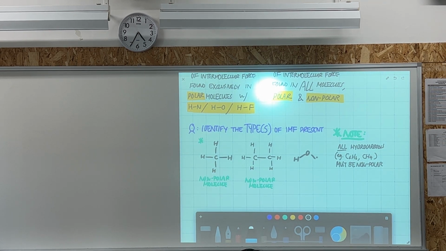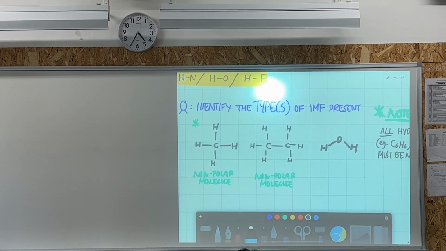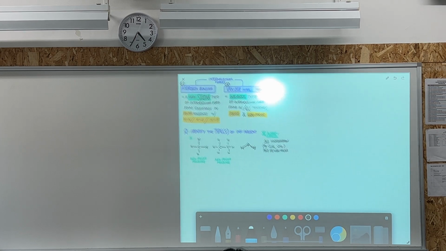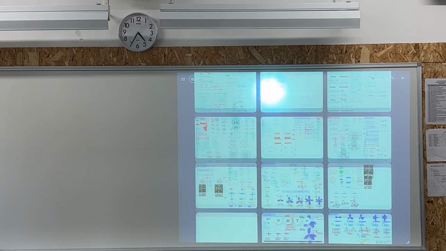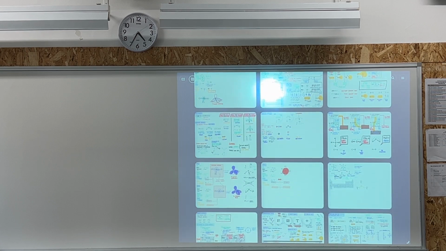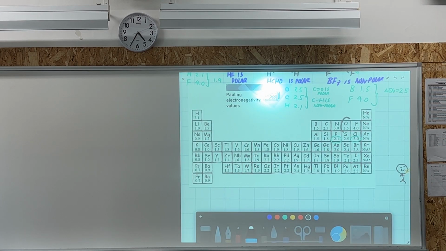This is H2O. Is H2O a polar or non-polar molecule? Polar. How do we know it's polar? Because when we compute the electronegativity difference between the atoms, it is larger than 0.4.